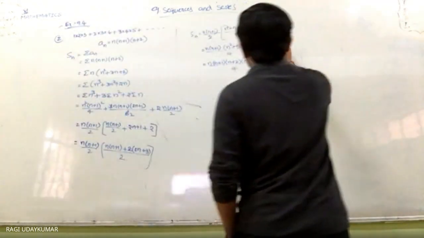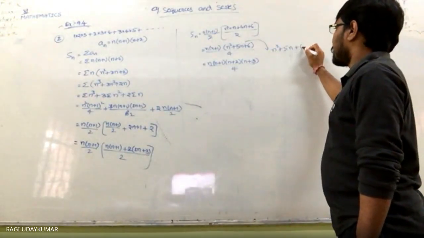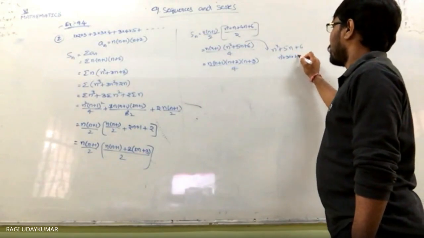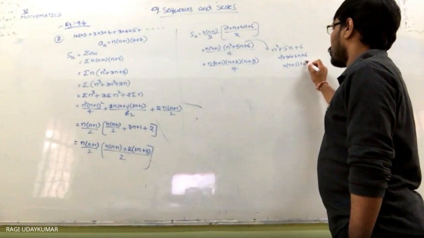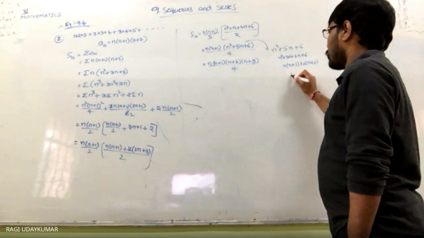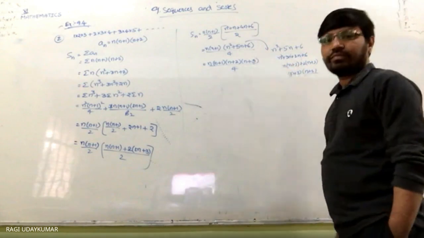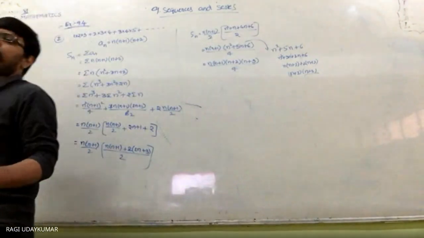This is directly factorized. n square plus 5n plus 6, replacing 6 with 3 twos: n square plus 3n plus 2n plus 6. Taking n common, n plus 3; taking 2 common, n plus 3. So taking n plus 3 common, n plus 2. This I don't directly get, because it is simple factorization, not very complicated.